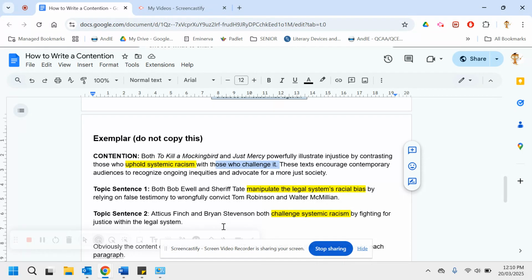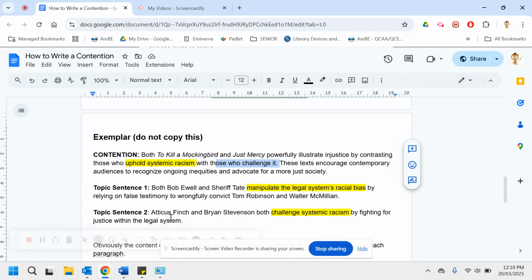So some brilliant quotes in there about the fairness of the legal system and the fact that racial prejudice has sort of infiltrated that legal system and the justice system, and how that's not right. So they sort of shed light onto who has power and who doesn't, and the privileged and the disadvantaged. So that would be what the content of that body paragraph would be about.